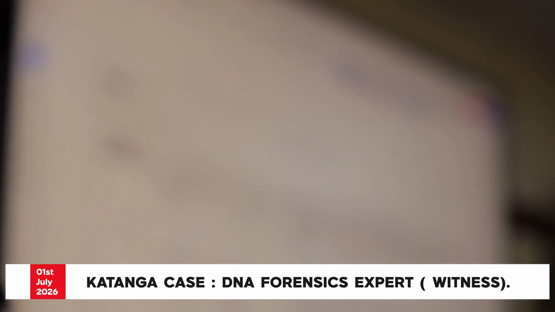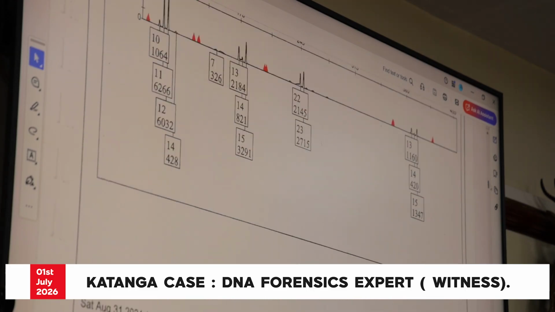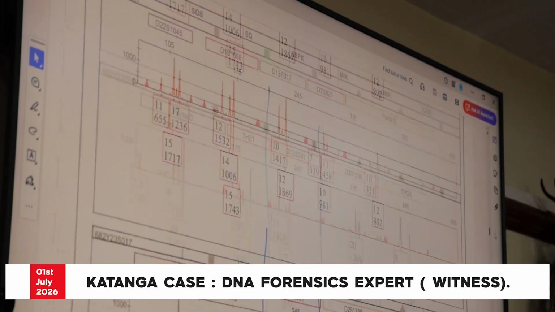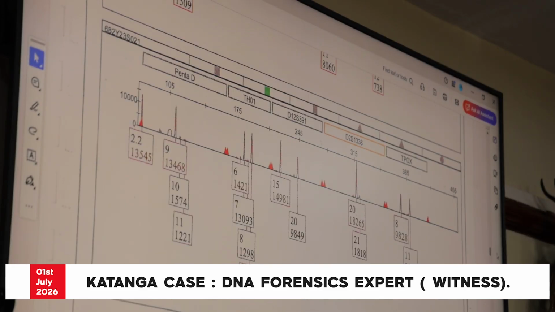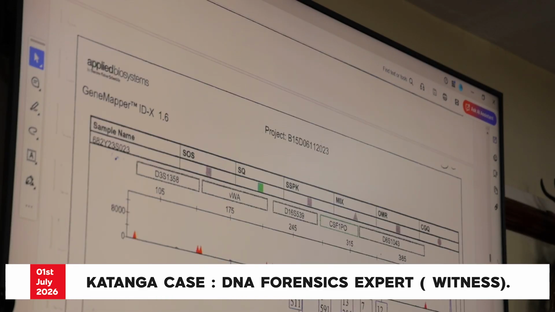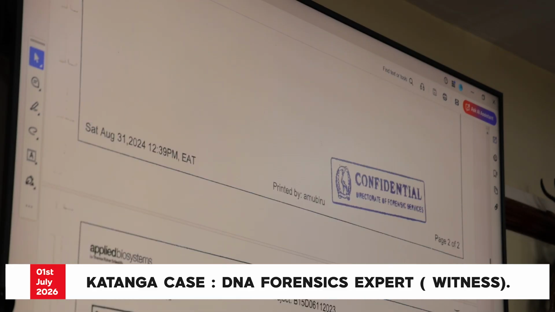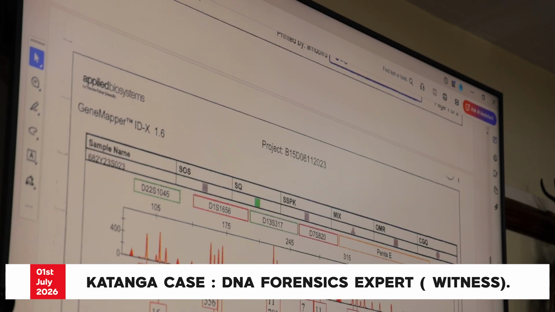So these are all the reference DNA profiles, and this batch continues, there were 20, so it continues to sample 23. You can see that this is exactly the same project number. Okay.